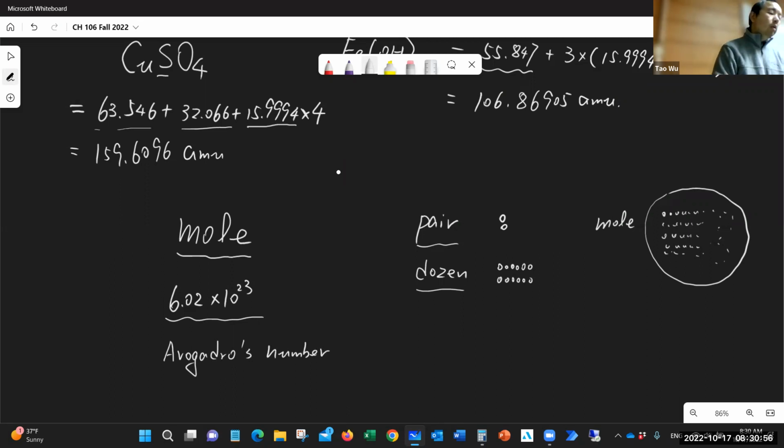When people say 1 mole, they generally mean we have 6.02 times 10 to the 23rd molecules or atoms aggregated together. It's not 1 pair, it's not 1 dozen, but 1 mole of that many. We will talk about why we choose this number, because it has some very good benefits.